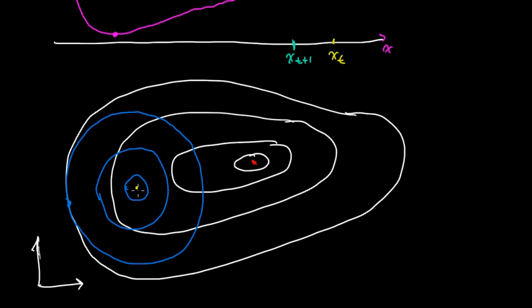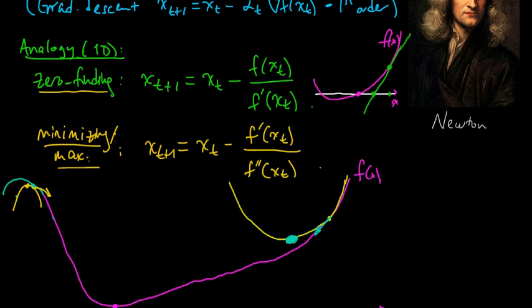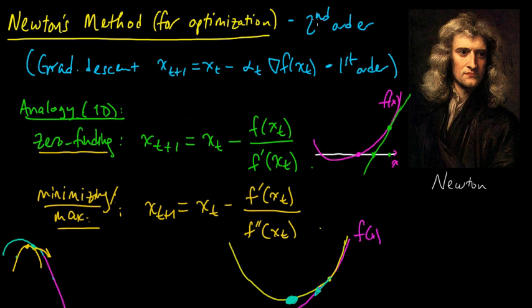So then you jump to the minimum of that. And that's opposed to the gradient descent, which would just be sort of going in the direction, it would be going in the right direction, but you might not get there as quickly. So that's one major advantage of Newton's method, or second order methods in general over first order methods, is that they can be much faster. Second order can be much faster than first order.